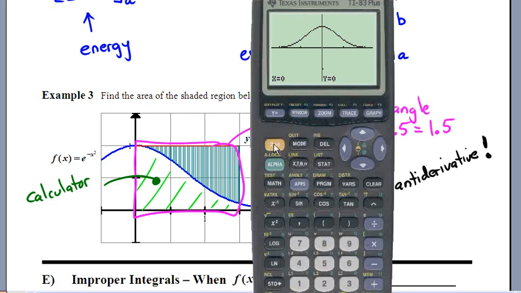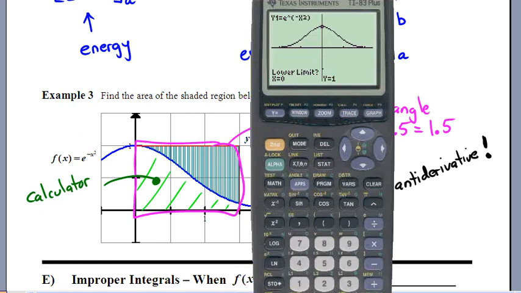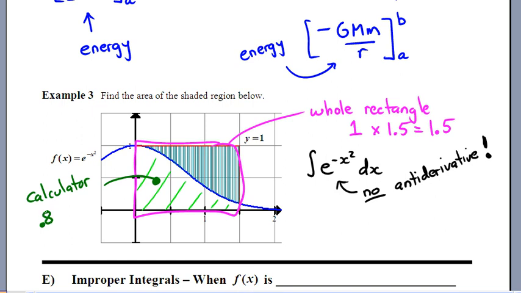So I can't do this algebraically, but I could ask my calculator to do it numerically. Say, hey, can you do a numerical integral here from 0 to 1.5? And my calculator says, well, I can do that. It uses the little Riemann rectangle thing, and I got 0.8562-ish. So if you really want to know how much area there is up here, well, we'll subtract.